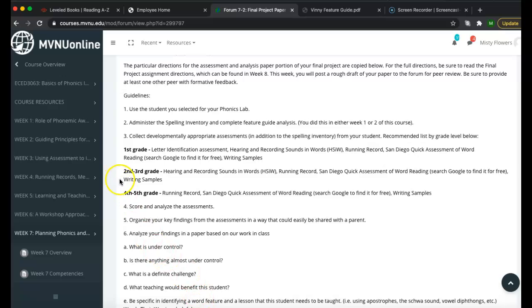Grades 2 and 3, you should have hearing and recording sounds and words, at least one running record, San Diego Quick Assessment of Word Reading, and writing samples. 4th and 5th grade, you should have at least one running record, San Diego Quick Assessment of Word Reading, and writing samples.